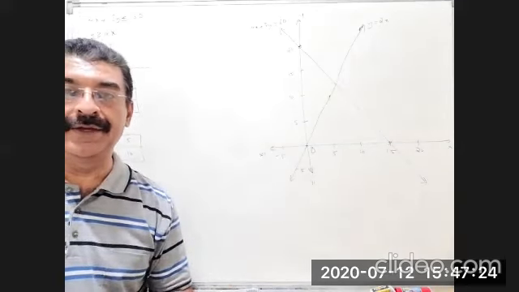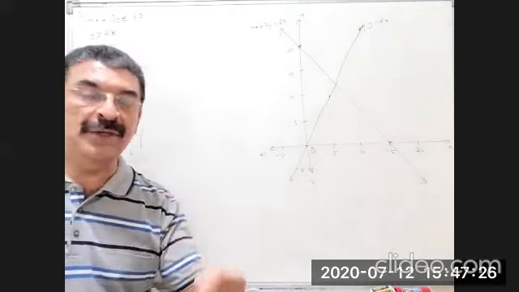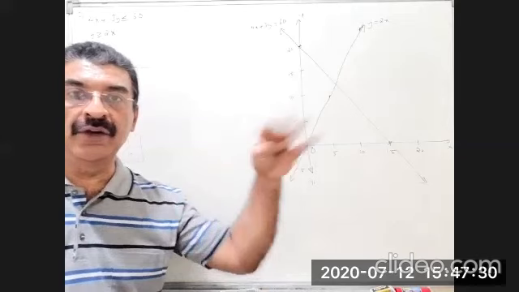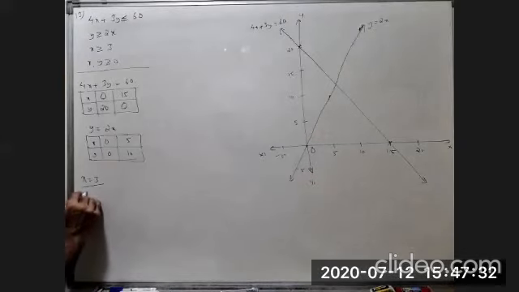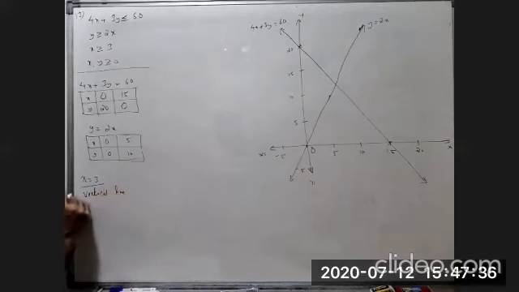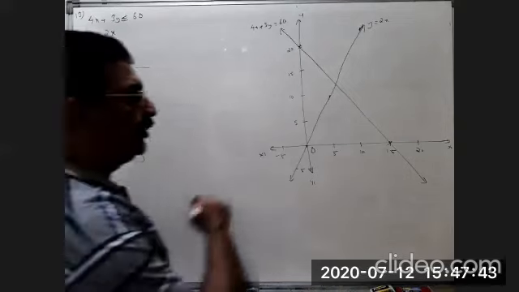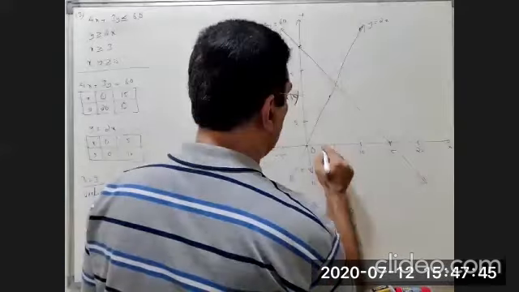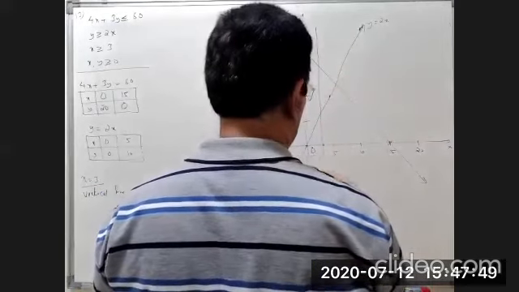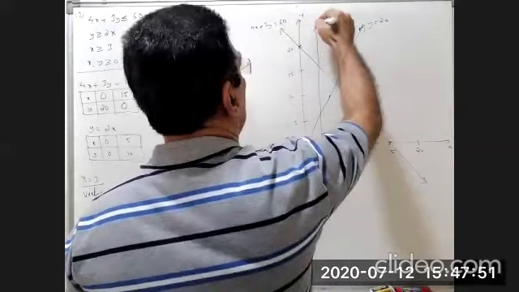But in examination, no need of writing all this. This is just for understanding. So x is 3, 1, 2, 3, somewhere here. So we draw the line through. This is x is equal to 3.